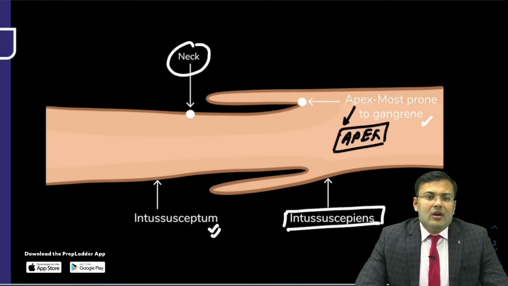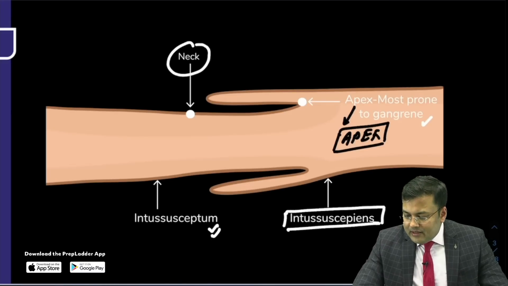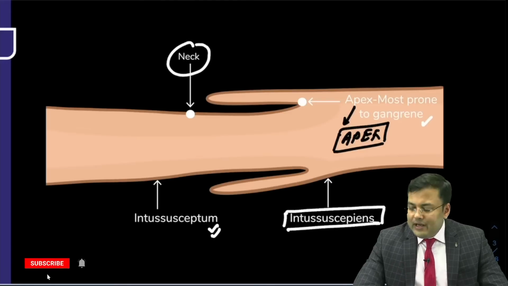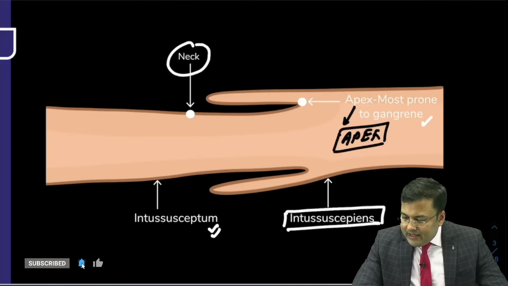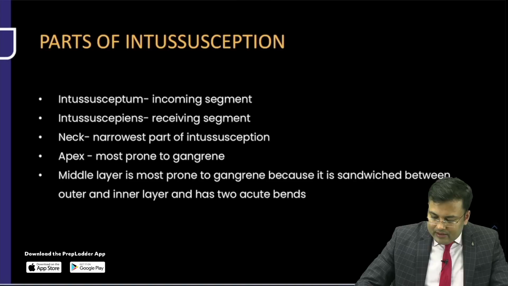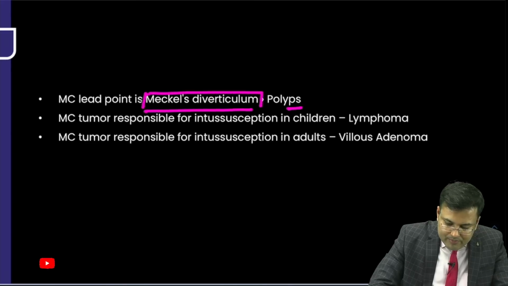Asha is correct, you are also correct, everybody is almost correct. The most common lead point is Meckel's diverticulum, followed by polyp.